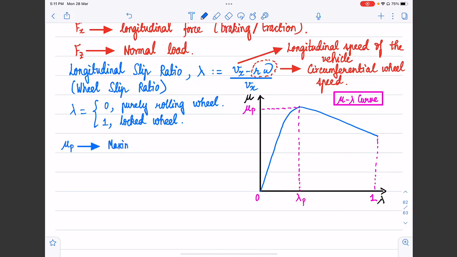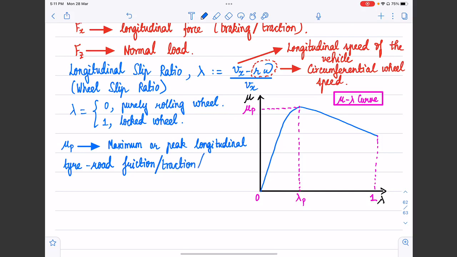So mu p is the maximum or peak longitudinal tire-road friction / traction / adhesion coefficient. From here onwards, just for convenience, we will just use the term friction coefficient. That's the most commonly used term for this, but these are all alternatives which are used.